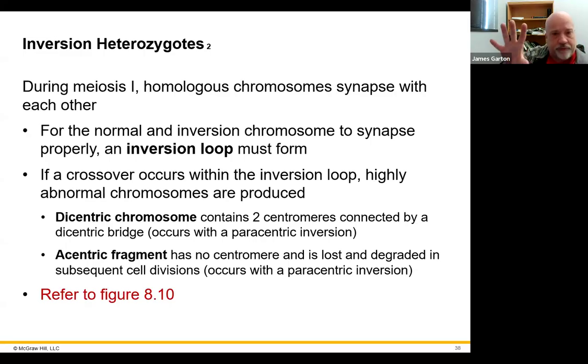And so during meiosis one, homologous pairs line up next to each other. And they line up next to each other based upon a sequence similarity between the two chromosomes.